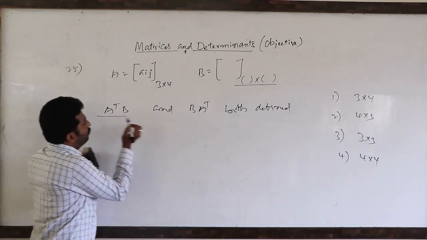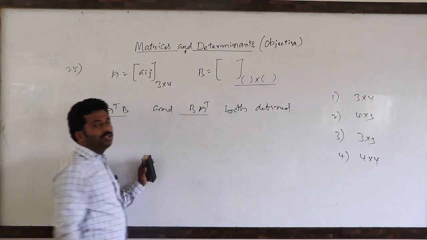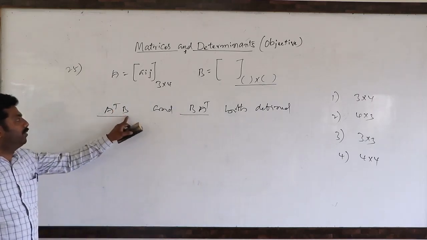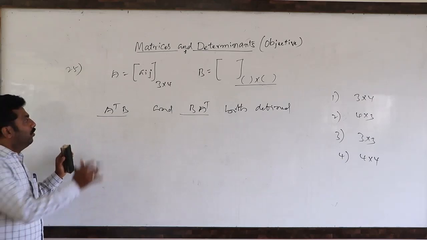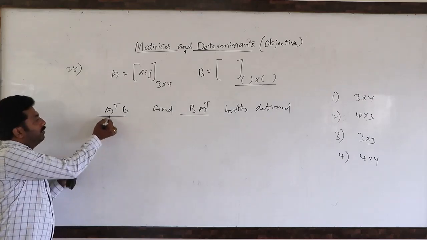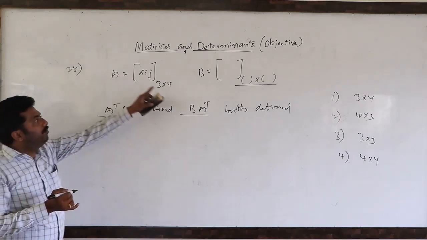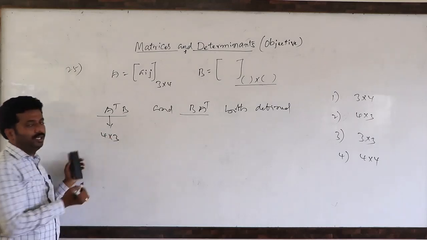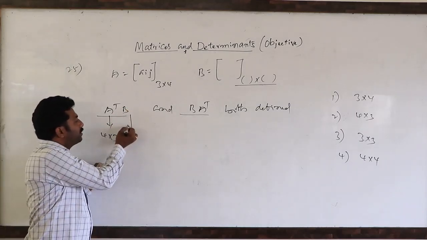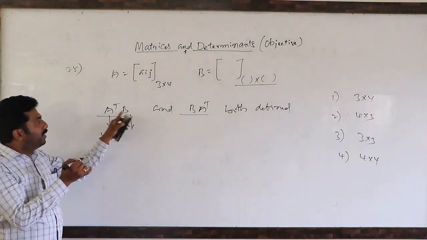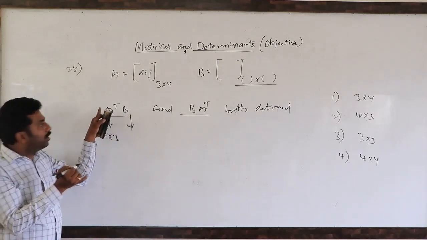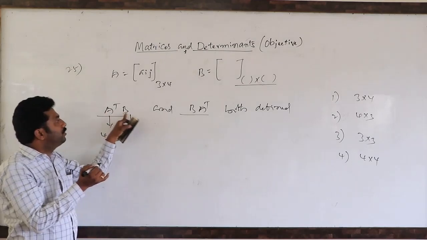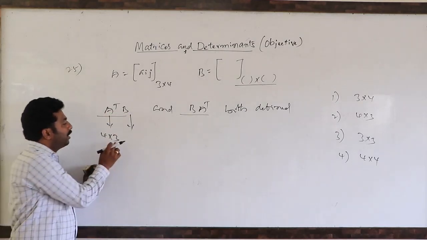A transpose B and B A transpose are both defined. The product of two matrices is defined when the number of columns of the first matrix equals the number of rows of the second. A is 3 by 4, so A transpose is 4 by 3. For the two matrices to be conformable to multiply, the number of columns must equal the number of rows.